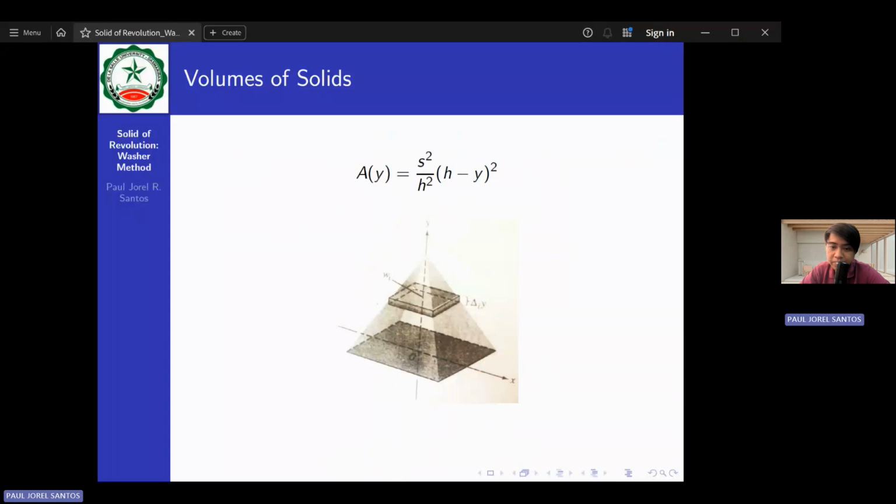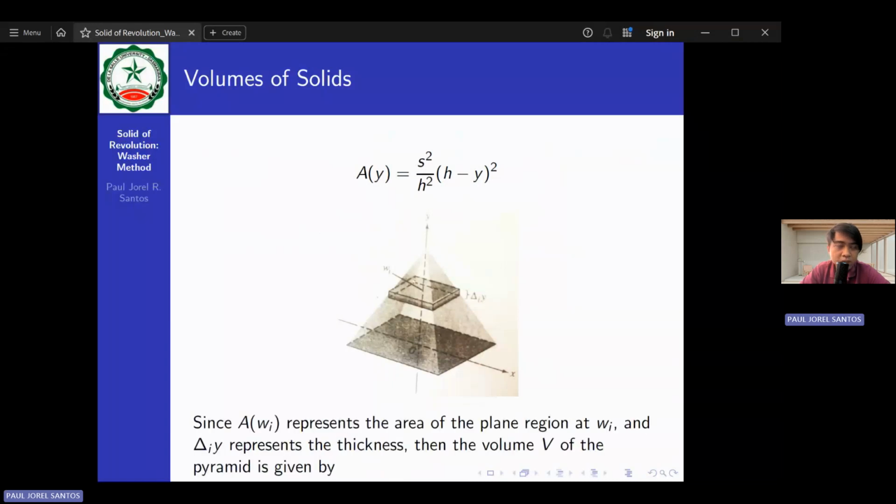Now, let us recall this figure. If you can still remember, A of W sub i represents the area of the plane region at W sub i. And recalling the definition earlier, we can also represent the thickness as delta sub i y.